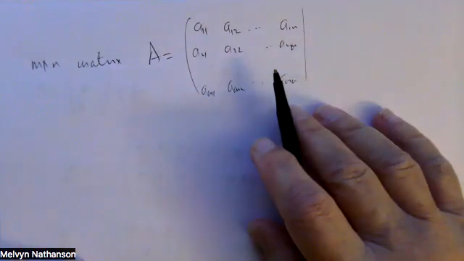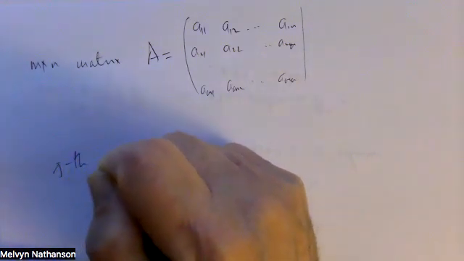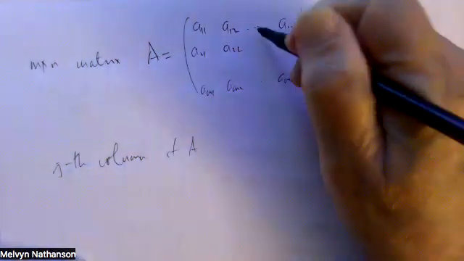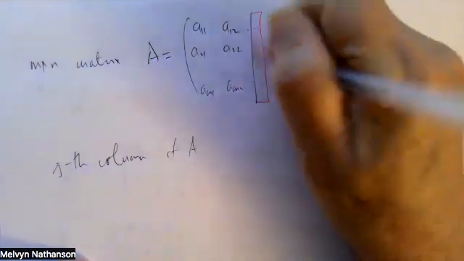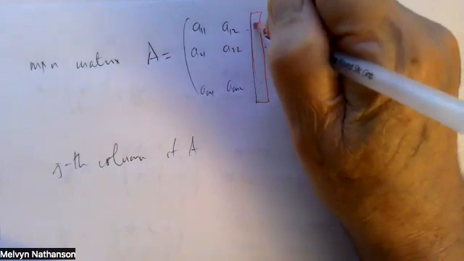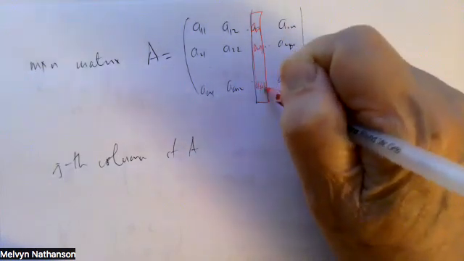So this is an m by n matrix, and for the jth column of A, you just look at the n columns, you look at the jth. So this would be A1j, A2j down to Amj.